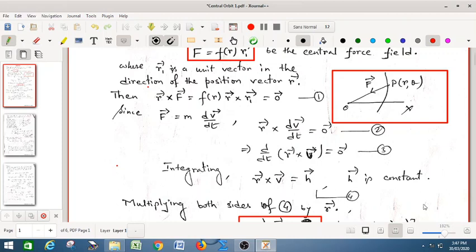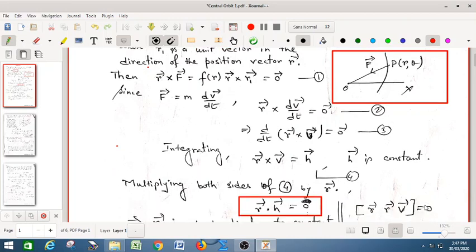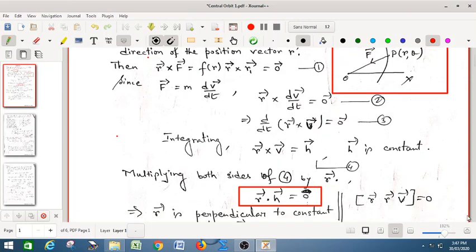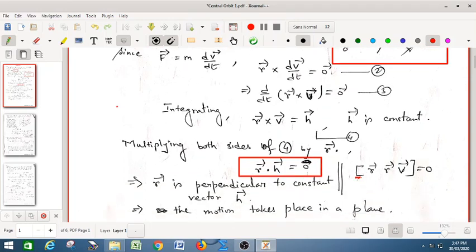Multiplying both sides of 4 by r dot, that is taking the dot product with r, then r dot h is equal to 0, as the box product r r v equals 0.